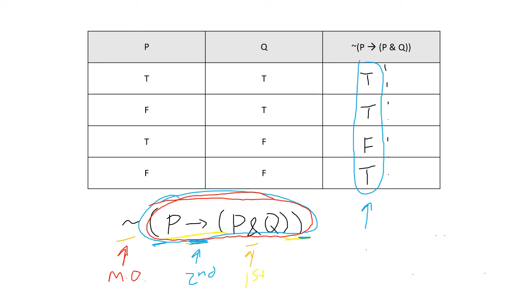This conditional statement with a tilde in front. And so since we have the conditional statement determined sans tilde here in this column, all we have to do is reverse the values of this column. So this T will turn into an F, this T will turn into an F, this F will turn into a T, and this T will turn into an F. So these are just flipping over to here.